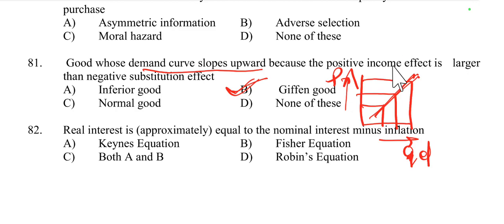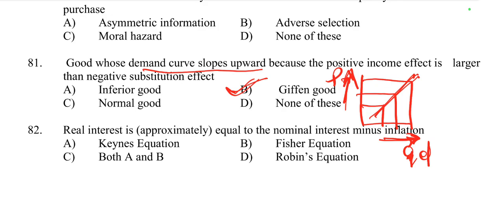Here the positive income effect is larger than the negative substitution effect. A Giffen good is a type of inferior good for which an increase in price leads to an increase in quantity demanded.